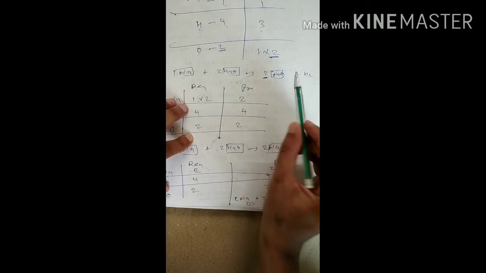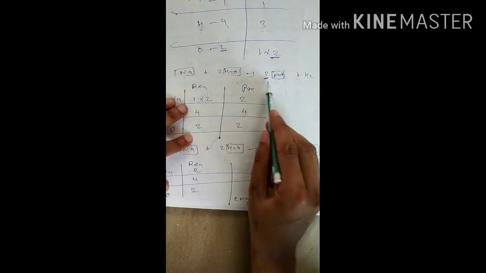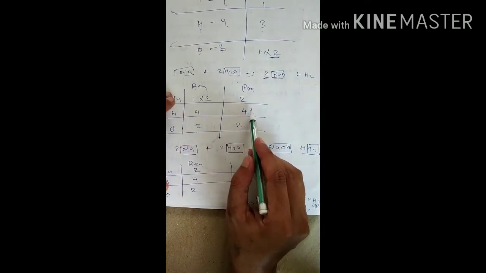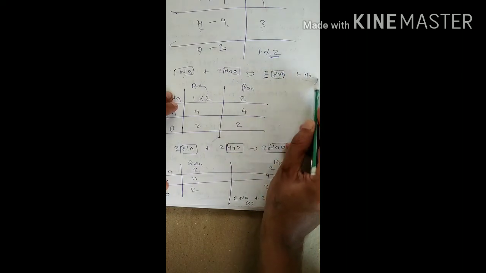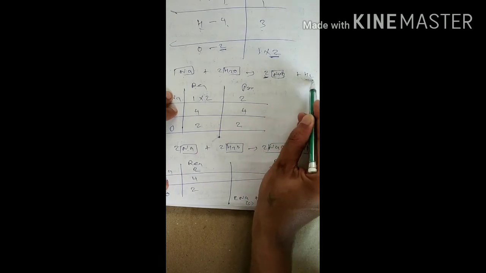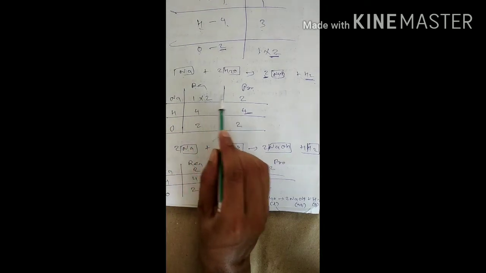On product side, sodium is 2, oxygen 2, and hydrogen 2 into 1 plus 2 here, total 4. So only one element left to balance, sodium, so multiply it by 2.